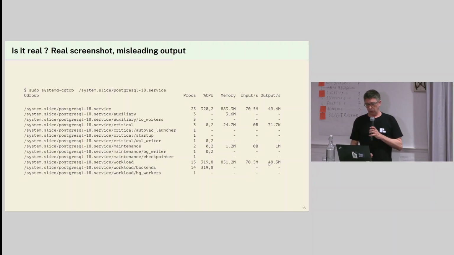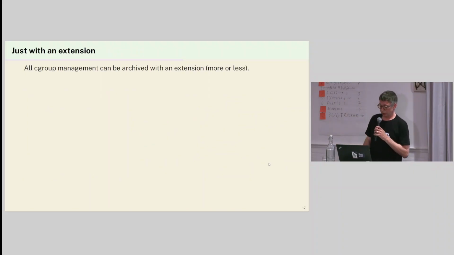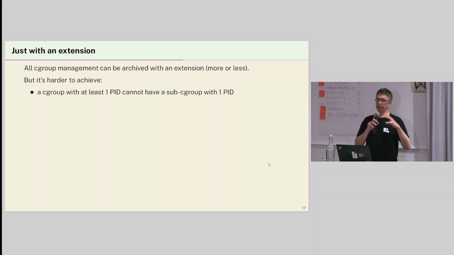So, well, all it works with just an extension, more or less. So we don't really need to patch PostgreSQL yet. But still, it's really harder to achieve. We can do that with an extension. We need to reassign things after the fact, and we do that from an external point of view, I would say.